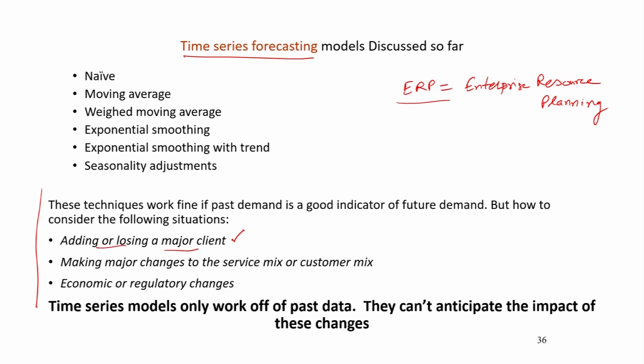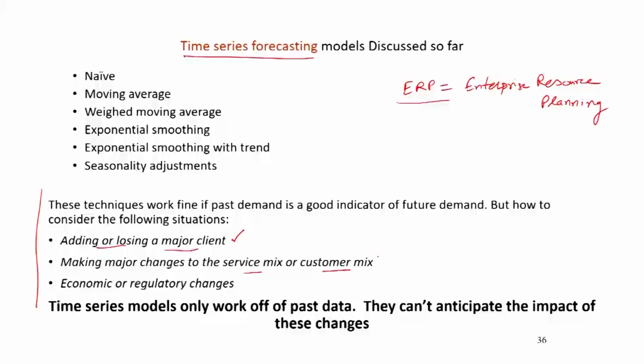I can include them externally as a forecaster, as a decision maker, and moderate my results of time series analysis. Or there is some major change in the service mix or customer mix. Suppose you are serving a particular community or particular market.